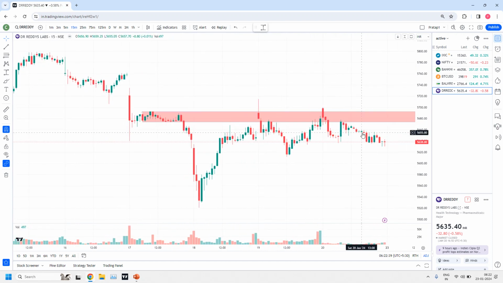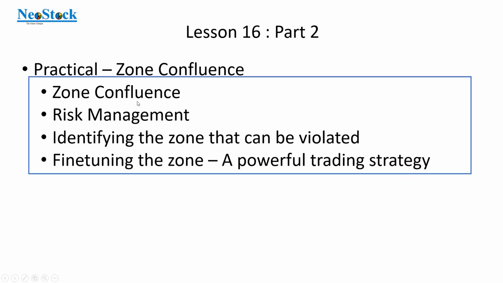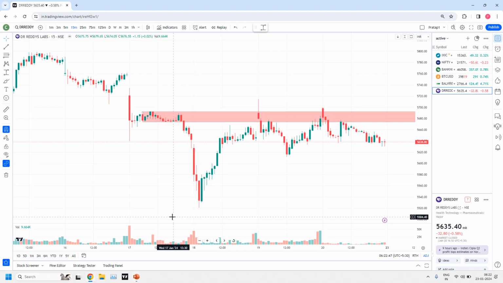And also, by using fine tuning of the zone under risk management, what happens? The risk will be reduced. See, look here.